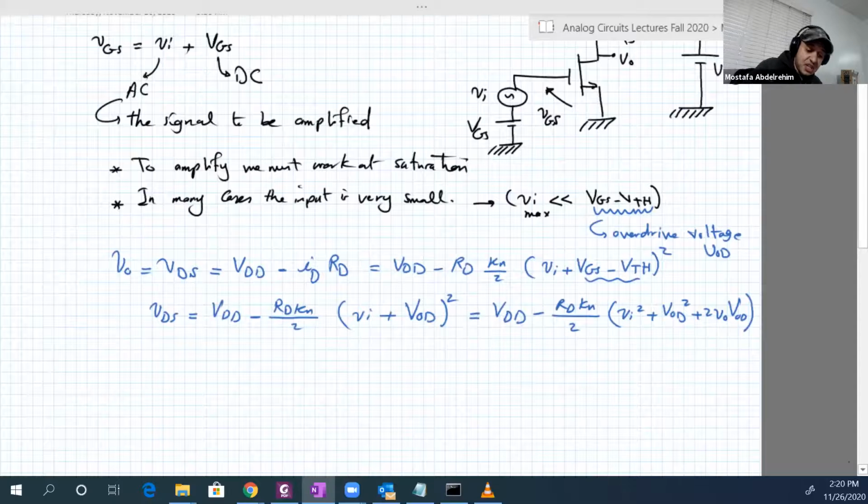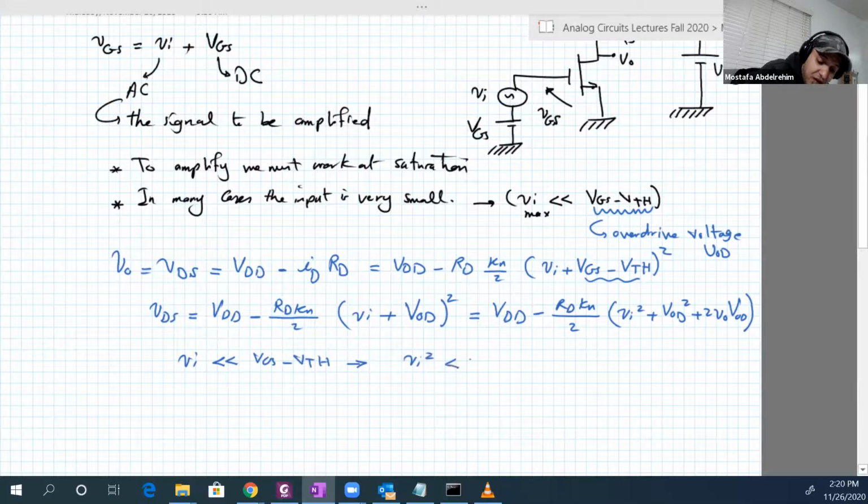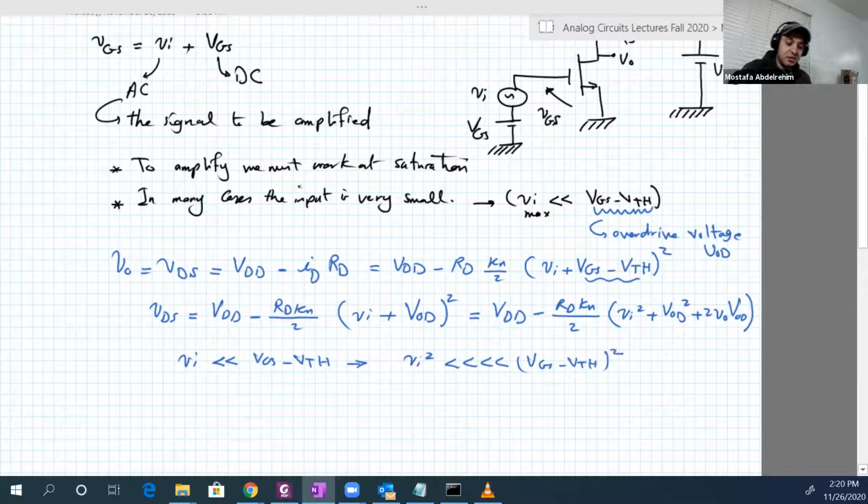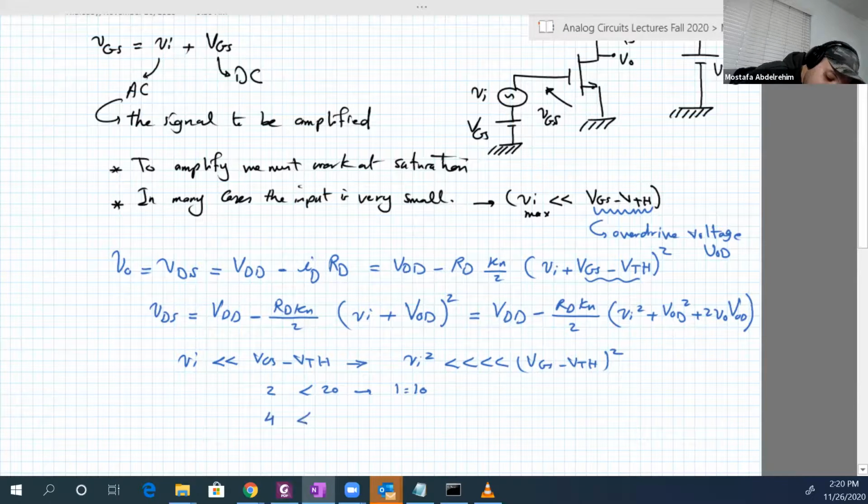Now, based on the assumption that Vi is much less than VGS minus V threshold, that means that Vi squared is much less than VGS minus V threshold squared, which is the overdrive squared. Let's give an example. 2 is less than 20, the ratio between them is 1 to 10. Let's now square both sides. So 2 becomes 4 and 20 becomes 400. Now what is the ratio?